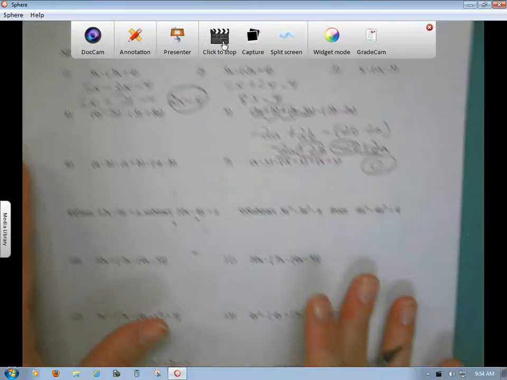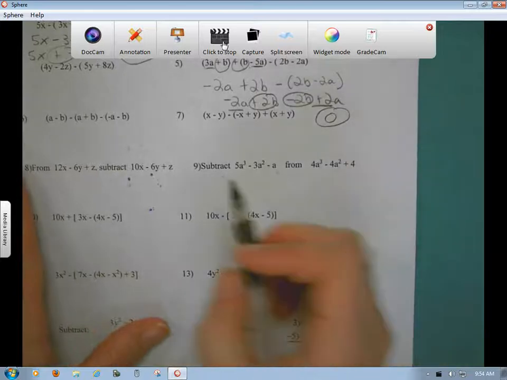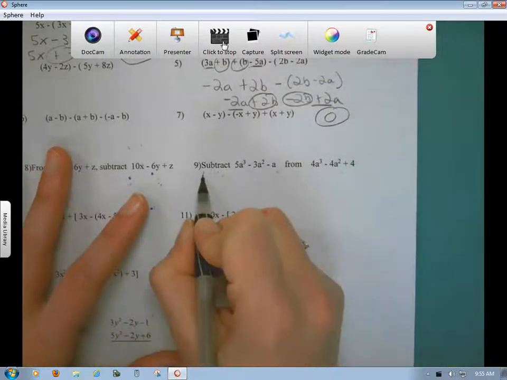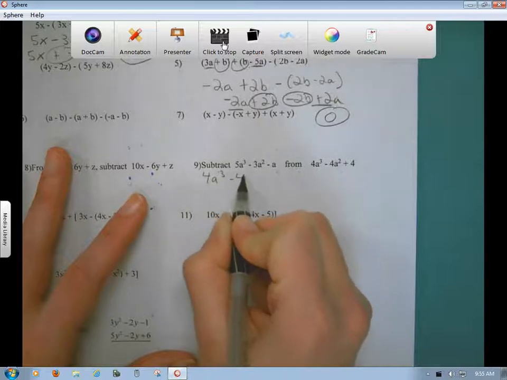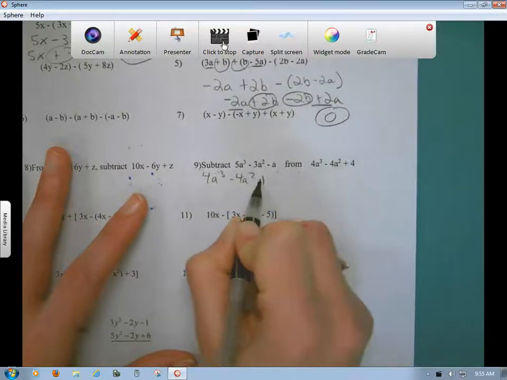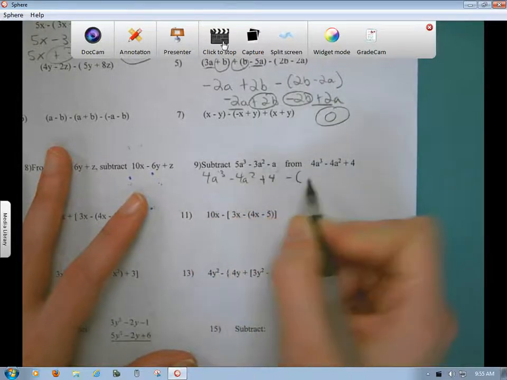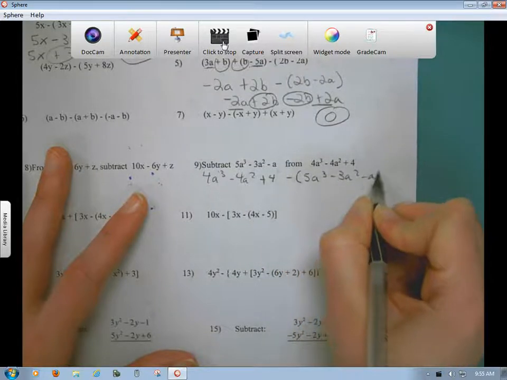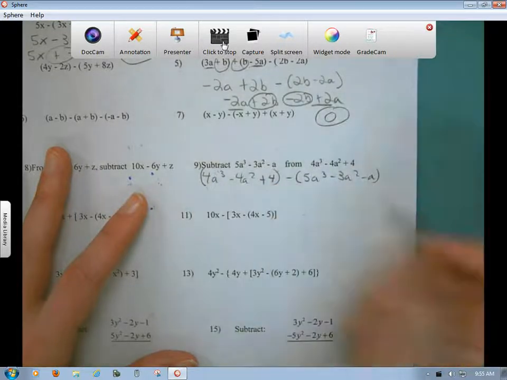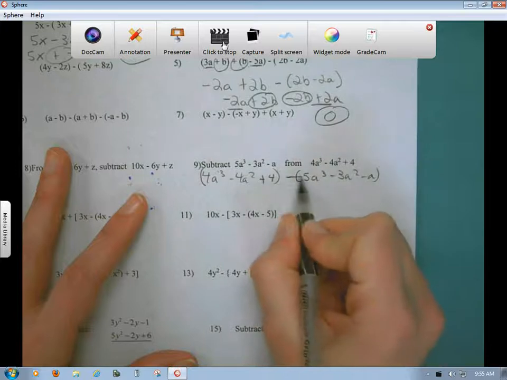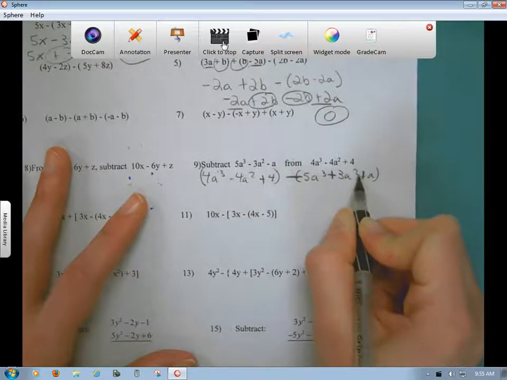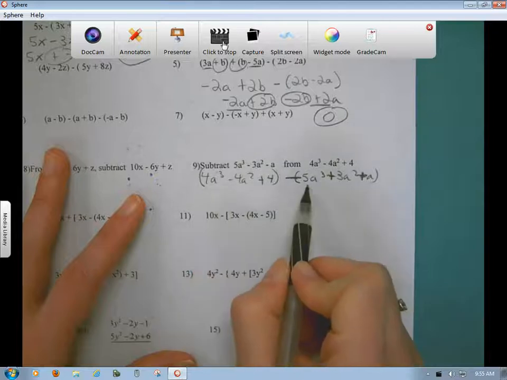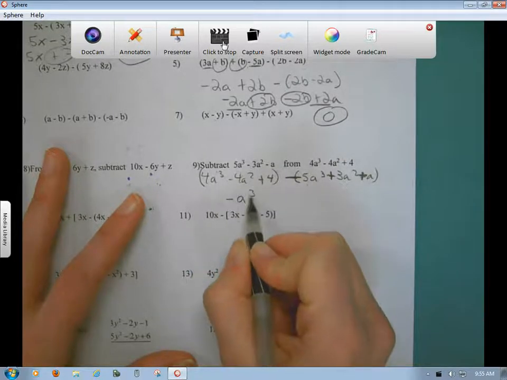Okay, here, be careful of the order. It says to subtract this from this. So this trinomial goes first, minus this trinomial, okay, you can distribute the negative. I'm just going to do it right in here. So 4a to the third minus 5a to the third is negative a to the third.